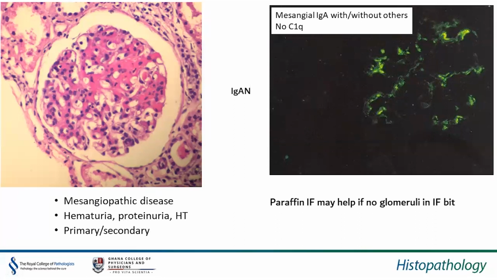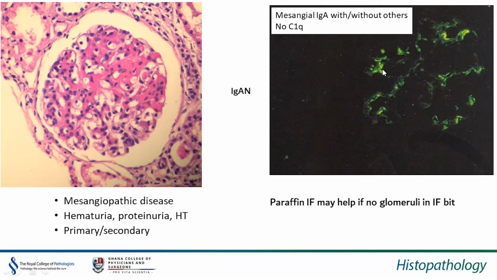This type of co-staining is known in cases of IgA nephropathy, but you must remember that the IgA staining will be at least one intensity more than the others. That is important. Second, you should not see staining for C1q. If C1q staining is present and you feel that your IgG and your IgA are almost equal in intensity, then you are probably not dealing with an IgA nephropathy, but rather it could be a lupus nephritis.